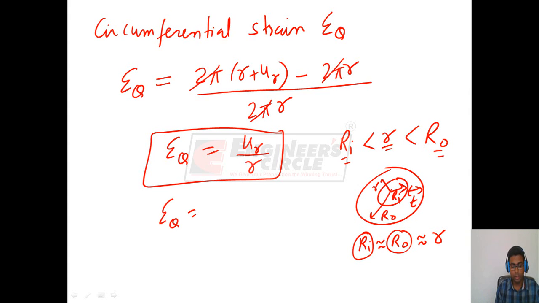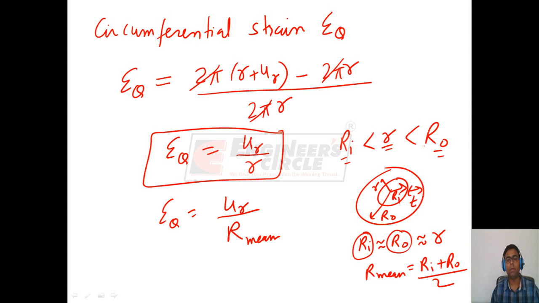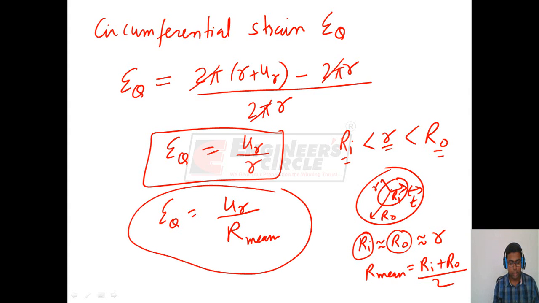Therefore we can replace this small r by some r mean, where r mean is equal to ri plus r0 by 2. However, if in the thin cylindrical pressure vessel ri and r0 both are not given and only ri is given, you can replace r mean by ri, because ri is almost same as r0 and it will be same as r mean. So we can say that circumferential strain epsilon theta is equal to ur by r mean.